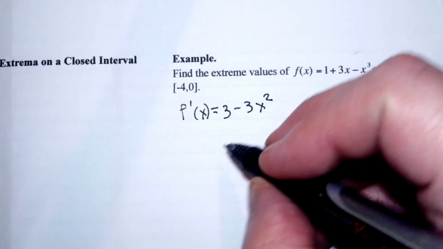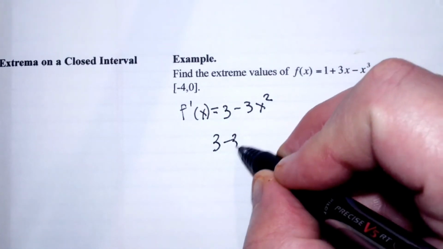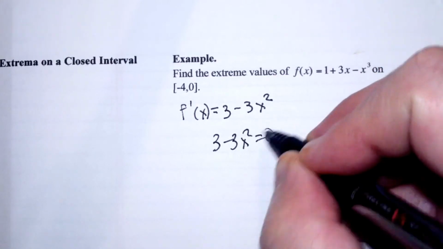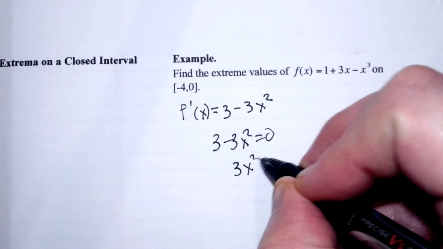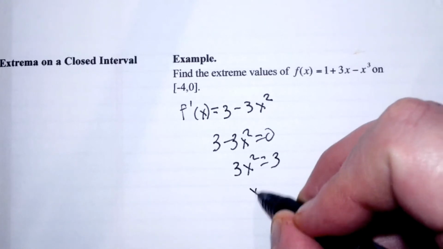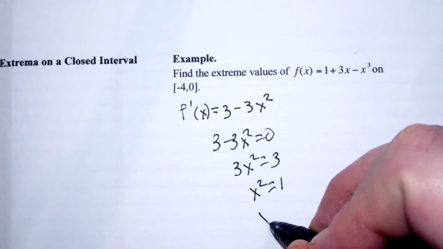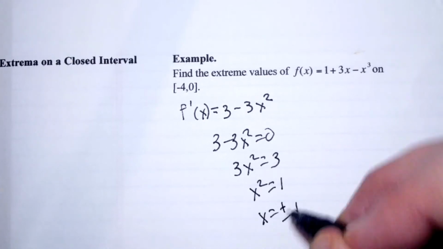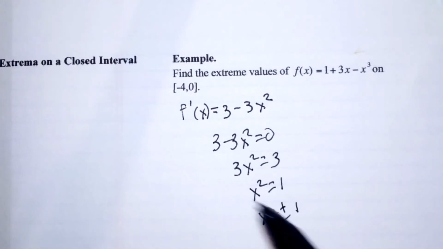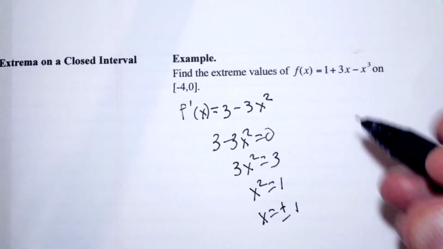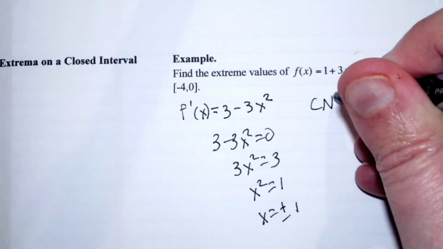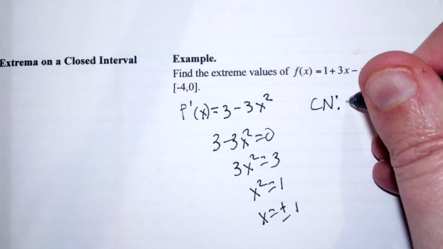That's never undefined, so we set it equal to 0. And we get x equals plus or minus 1. However, the positive 1 is not on the interval, so the only critical number of any interest to us is the negative 1.